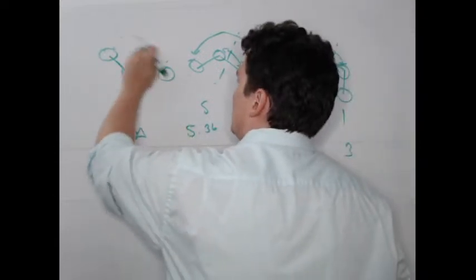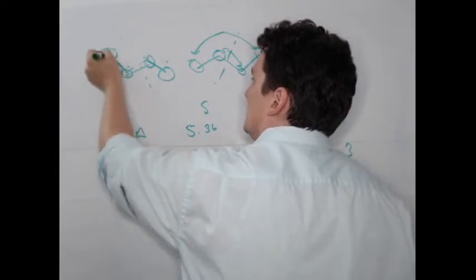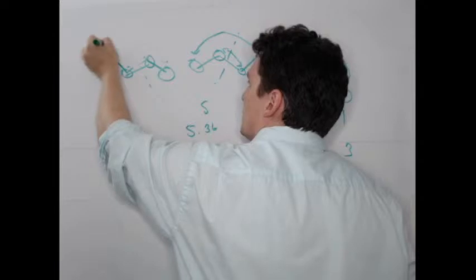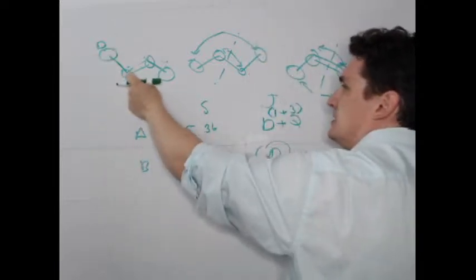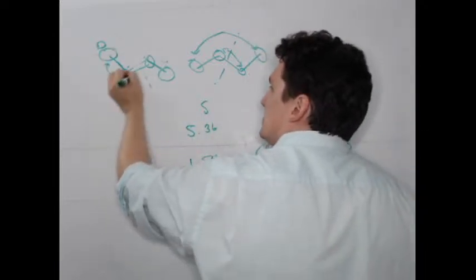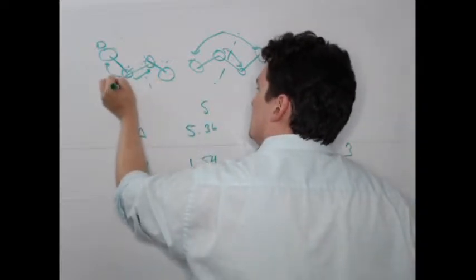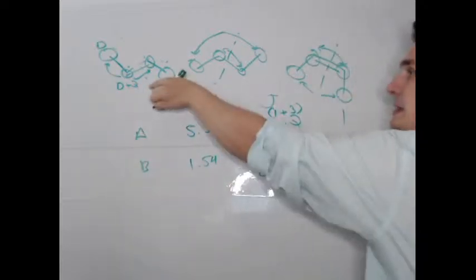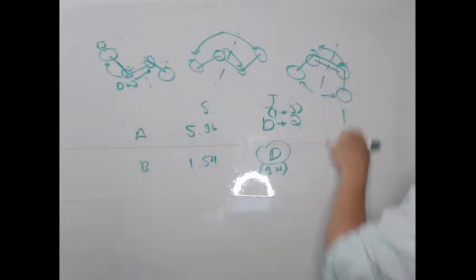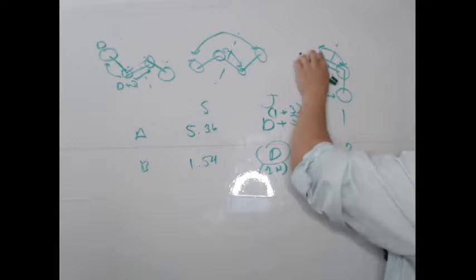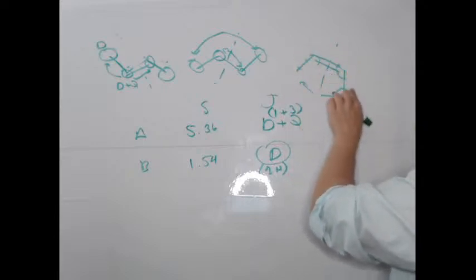If we look at trans 2-butene, these methyl hydrogens, these CH3, have 1 hydrogen next to them. So this is where our doublet's going to come from. And if we look at this one, it's got 3 hydrogens next to it and 1 hydrogen next to it. That will give us the doublet plus the quartet. So this makes sense. And the same thing is going to be true for the cis-butene. If we look at it, our methyl group is adjacent to 1 hydrogen.